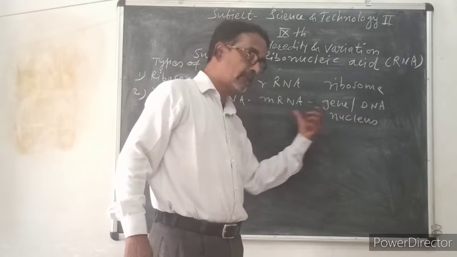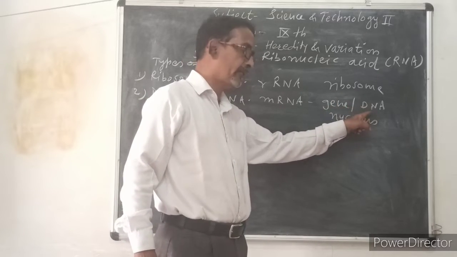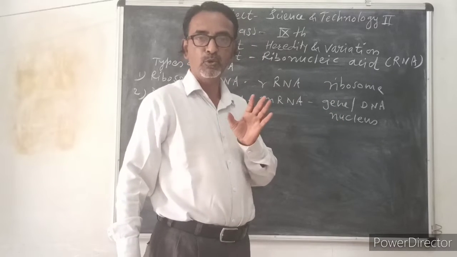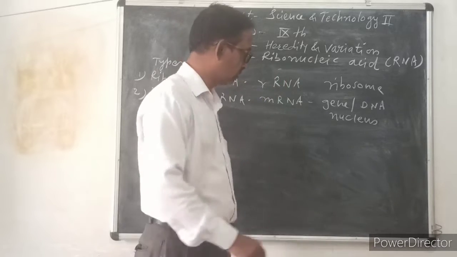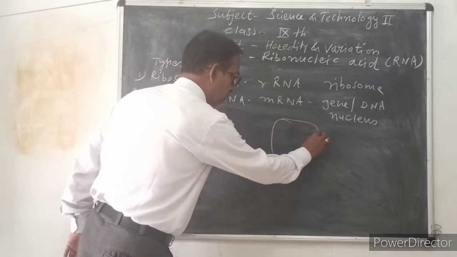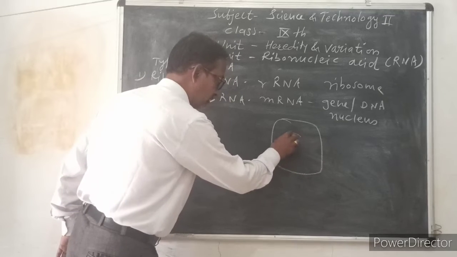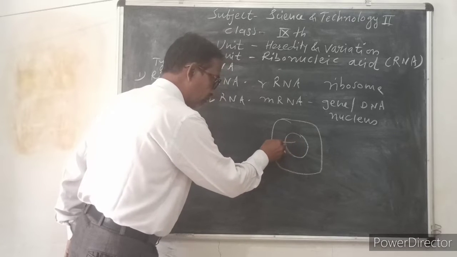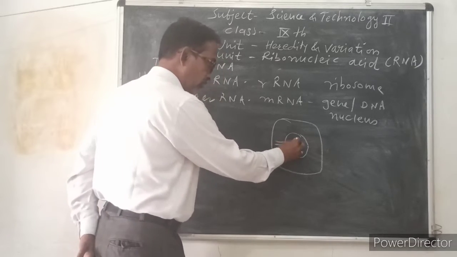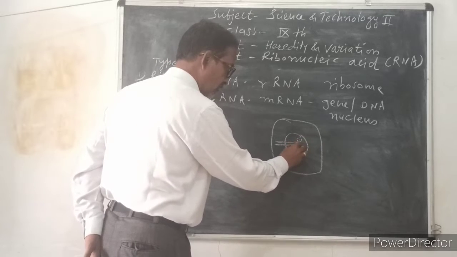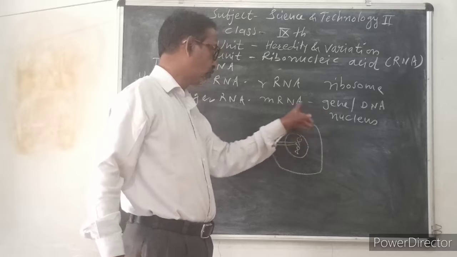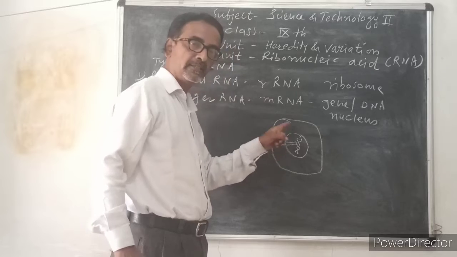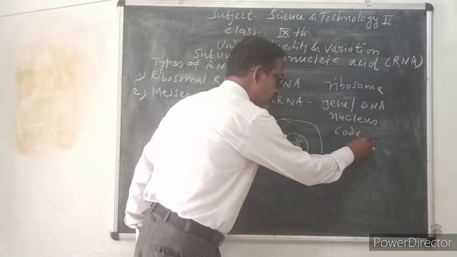And then they bring information from the gene or DNA, and this information is carried to the ribosome which is present in the cytoplasm. So listen, this is a cell, this is the nucleus, and the information is brought from the DNA. या DNA पासून तो information आणतो कोण messenger RNA, either from gene or DNA, and this information is in the form of coded language.